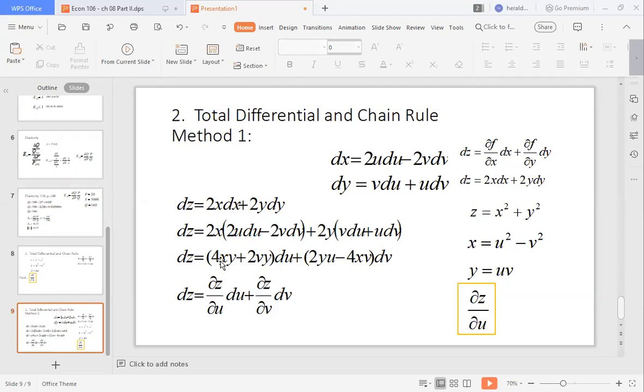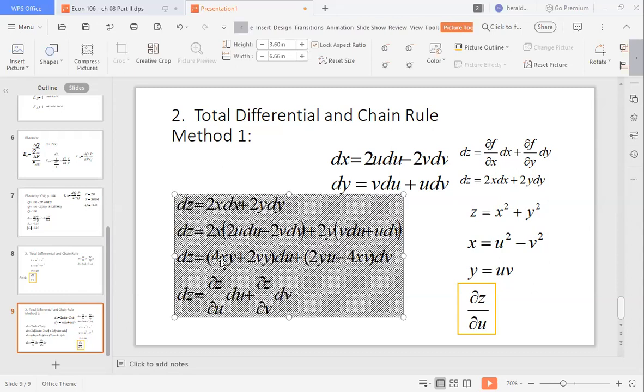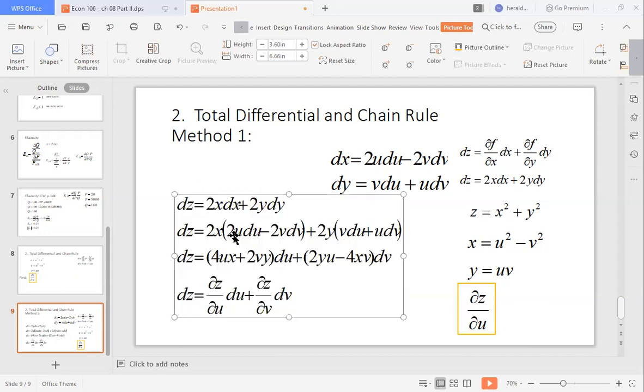Okay, great. This is supposed to be ux. Okay, so that is for u. Okay, good. I think that's clear.